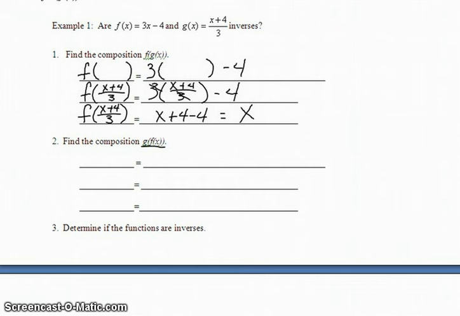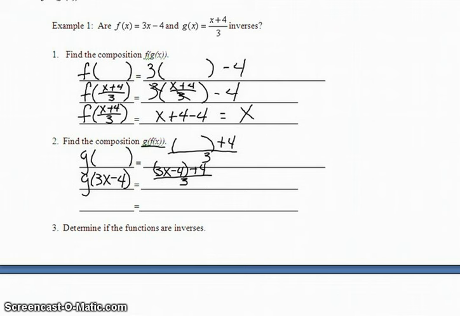Now I'm going to go back and do it the other way. I'm going to put g of, and put out a parenthesis, and then I'm going to have my parenthesis plus 4 divided by 3, and I'm going to substitute in f of x, so I have g of 3x minus 4, then it will be 3x minus 4 plus 4 divided by 3.